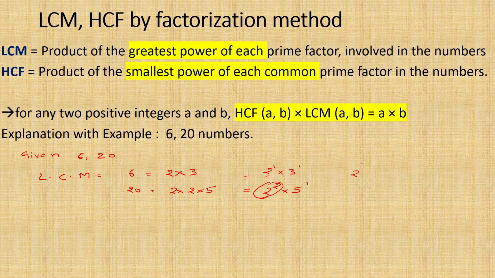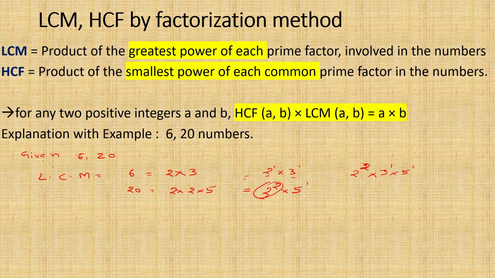So first we write 2 power 2, multiplied by the greatest power of each prime factor. Here 3 is there, here 3 is not there. Even if it is not there in one, we write what is present. So 3 power 1 we need to write. And 5 is there here and not there here, so we write whatever is present. So we will not omit anyone.